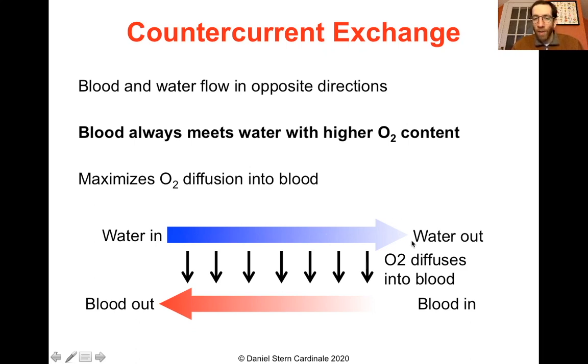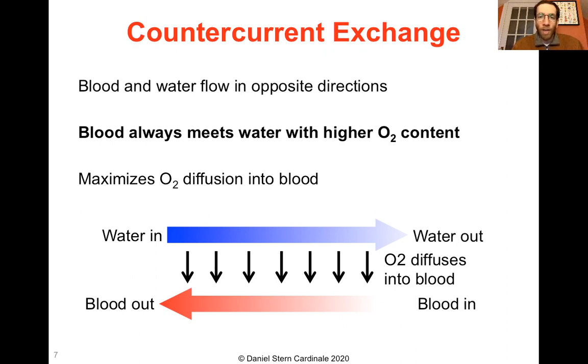But even all the way at the far end of that exchange structure, where the blood is entering, the blood is completely oxygen depleted at this stage, or deoxygenated. So the water over here still has enough oxygen that it's going to diffuse into that deoxygenated blood. So you have oxygen flowing from the water into the bloodstream across the entire range of this exchange.